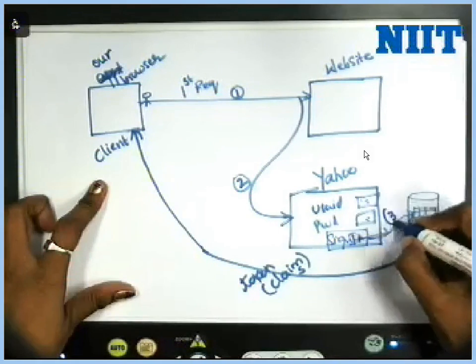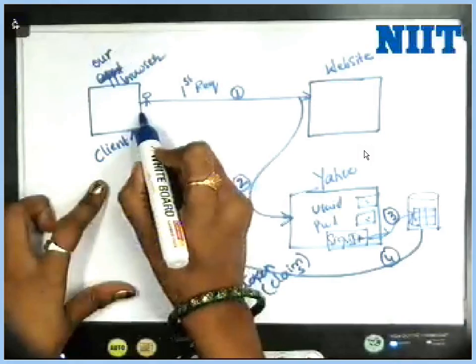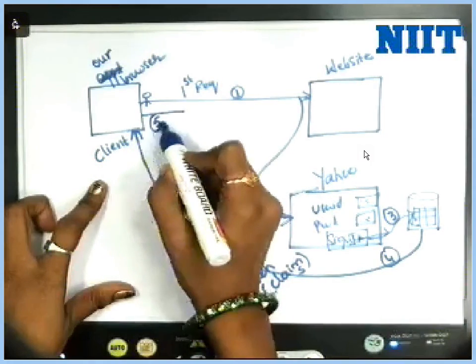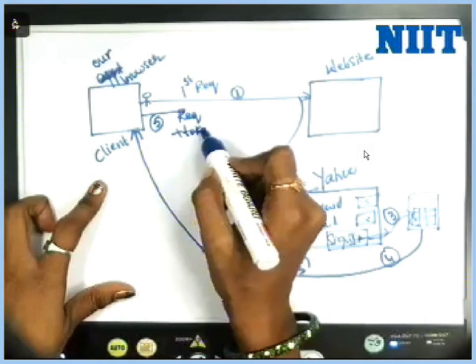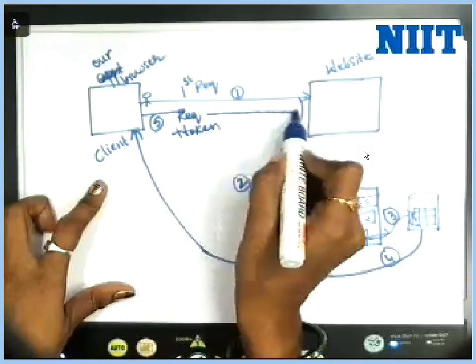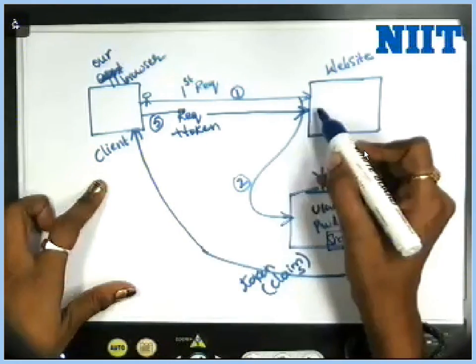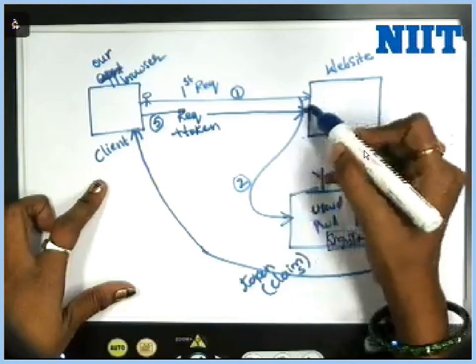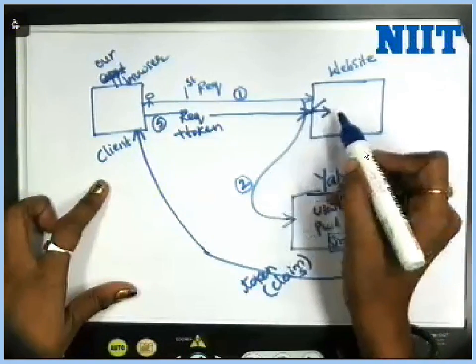This is the third, fourth step, and now again the request will go here, along with the token. Because this token is a valid token which is coming from Yahoo, now you are able to log in and access. Now you are accessible.